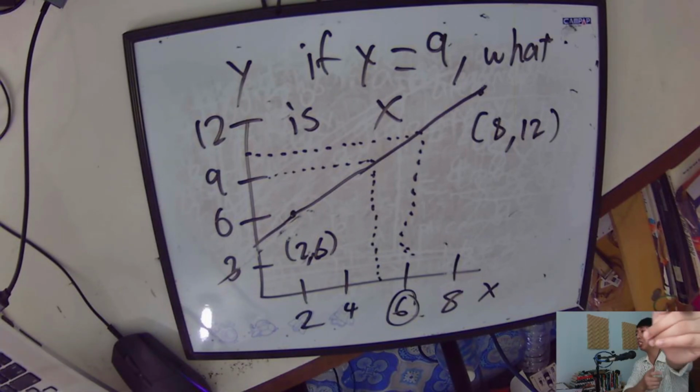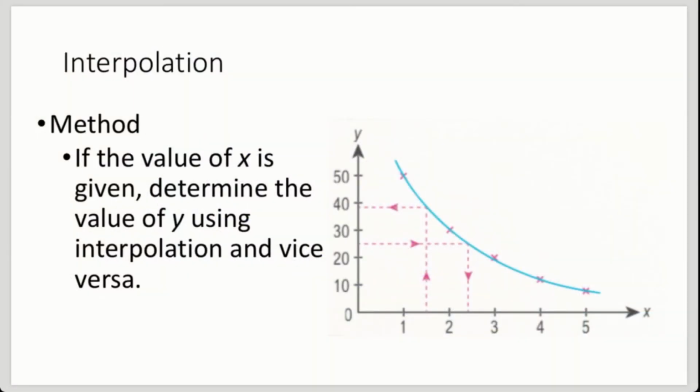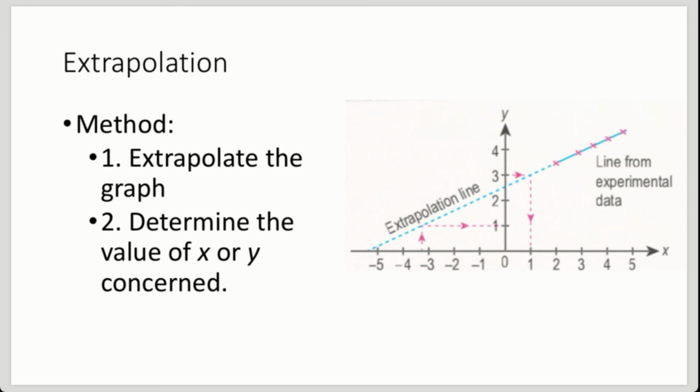Extrapolation hampir sama juga, sebab dua-dua kita kena buat macam ramalan ataupun kita kena menggunakan graph. Interpolation dan extrapolation pun hampir sama juga kerana kita menggunakan graph untuk buat anggaran ataupun membuat ramalan nilai satu data sama ada X ataupun Y.